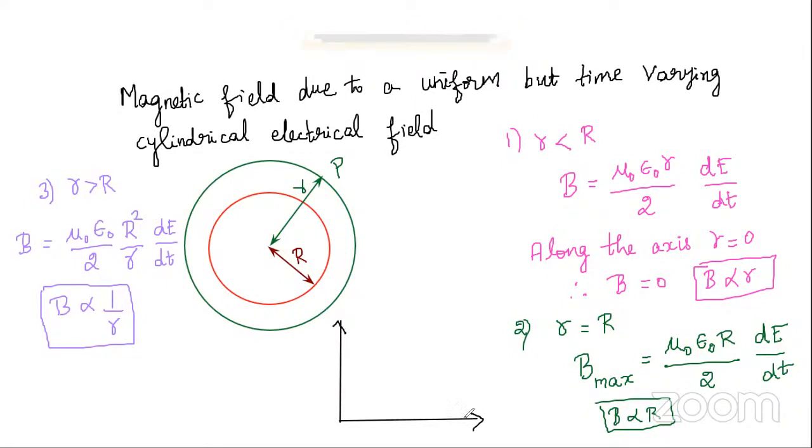So here you have small r along the x-axis and magnetic field along the y-axis. How does your graph look like? It is like this. After this point, the variation is like this. I think I can use some other color.